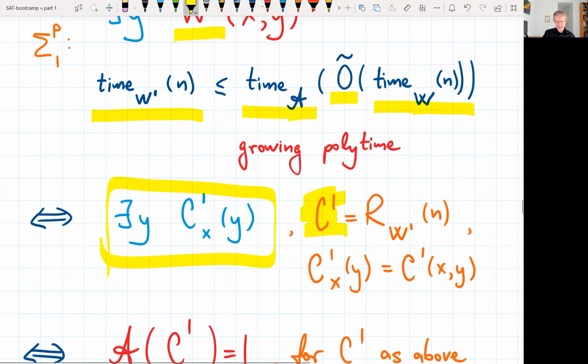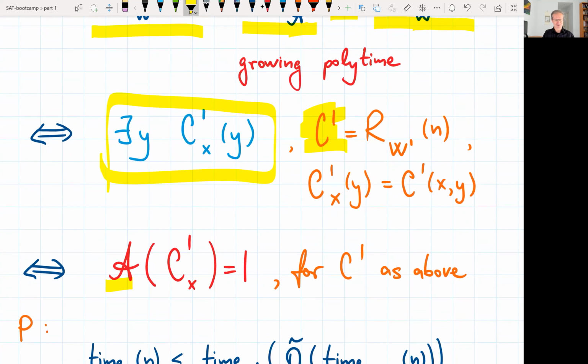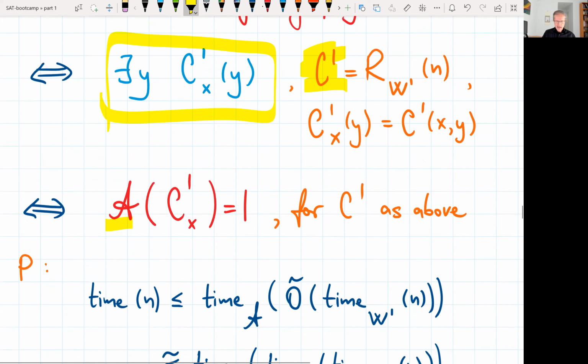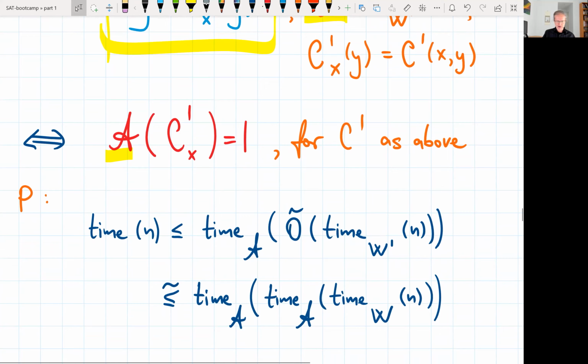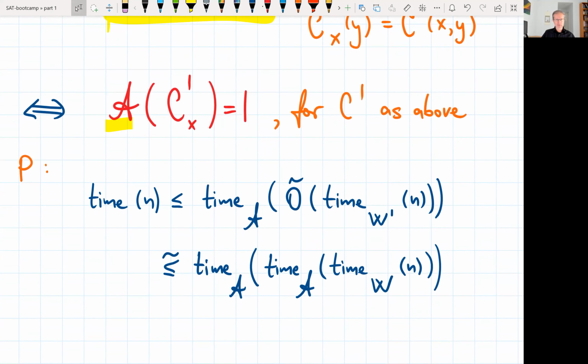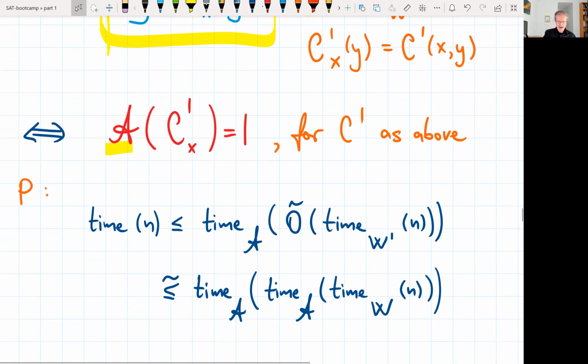And now to solve this SAT question, we again use our algorithm script A, but now on the circuit C prime sub x. And if you put things together, so we now solve the problem in polynomial time, exactly what polynomial time? So what is the final running time we get for the final procedure? Well, here we apply algorithm A to the input C prime.